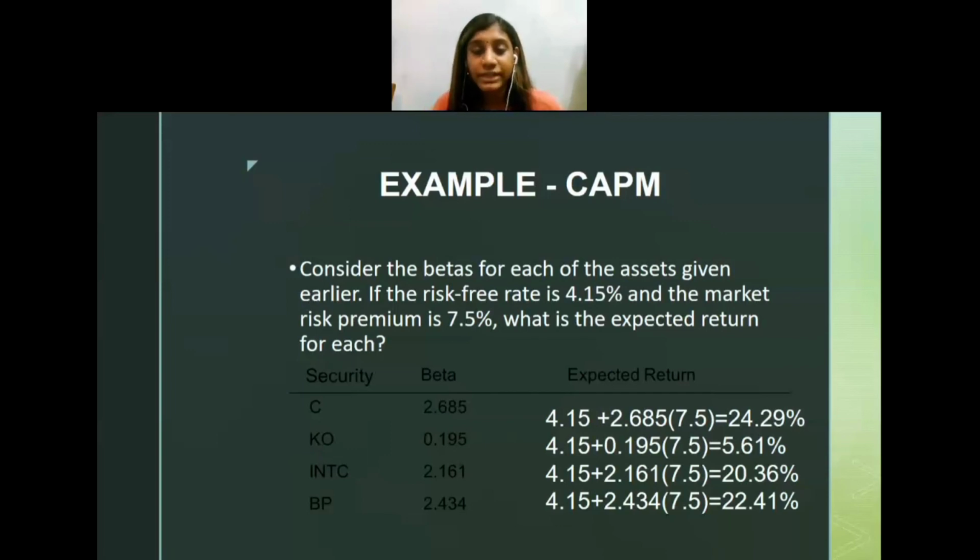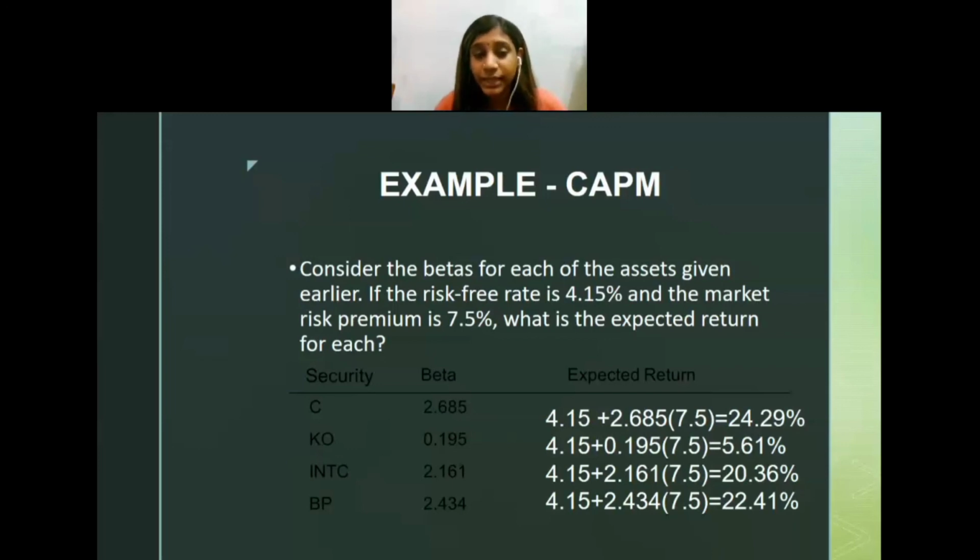Okay. For example, we took security C. In the formula, first the risk-free rate, which is 4.15, plus the beta, 2.685, multiplied by 7.5, which is the market risk premium.